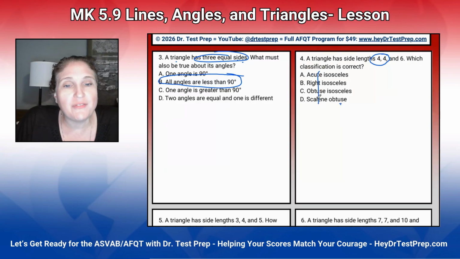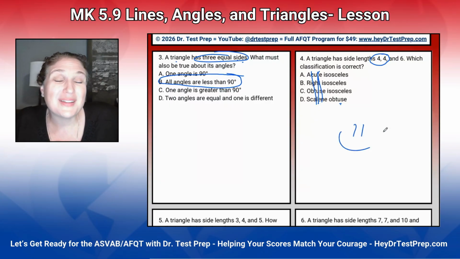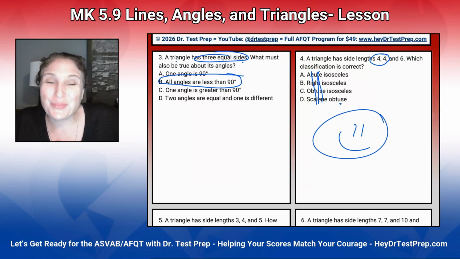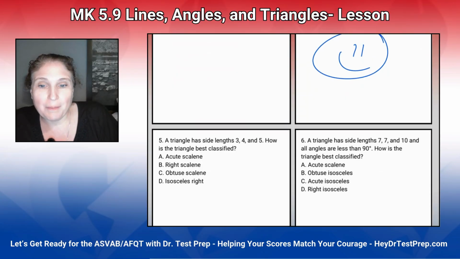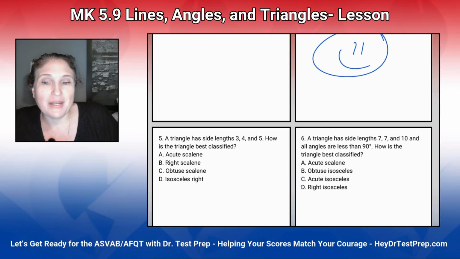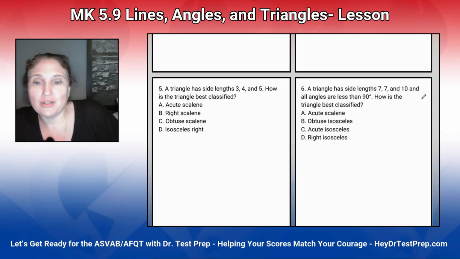So I'm going to have to fix this question. I don't think there is a way that you can easily determine the angle measures. Is there a way that you can do it? Absolutely. You can do it using trig, but we're not going to do that. So I'm just going to put a big smiley on your workbook because that one we can't do without the angle measures. We can only describe it as scalene, right, or equilateral.